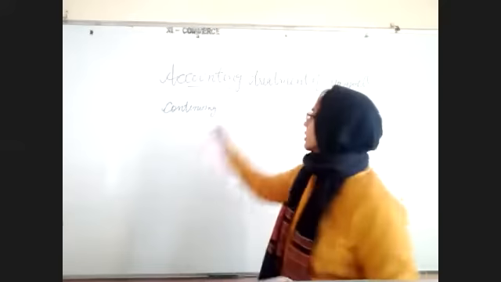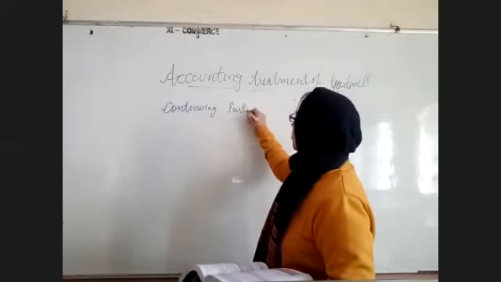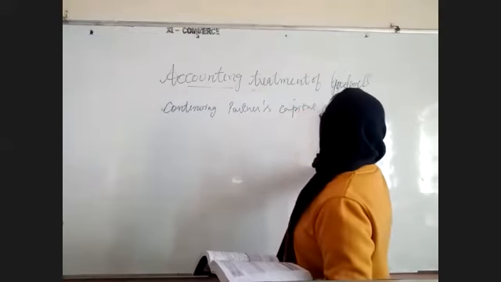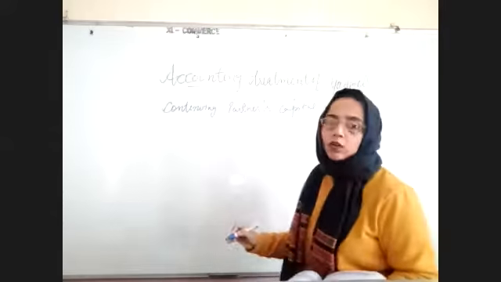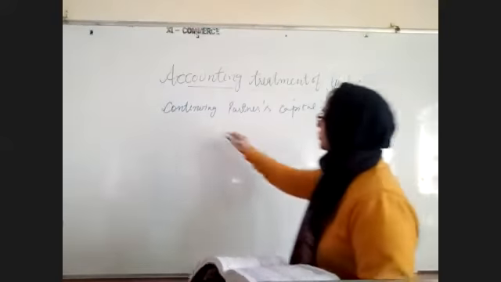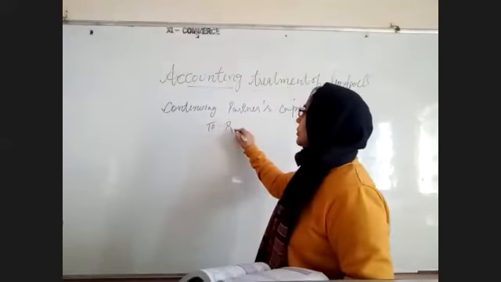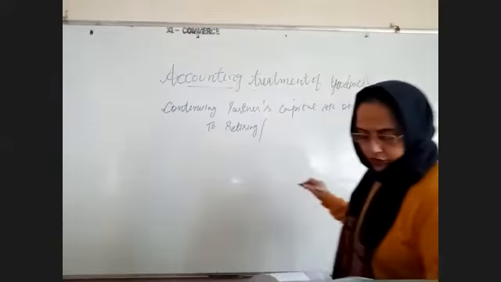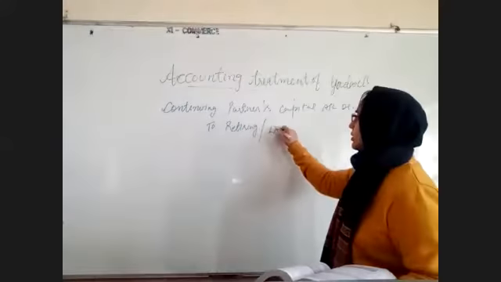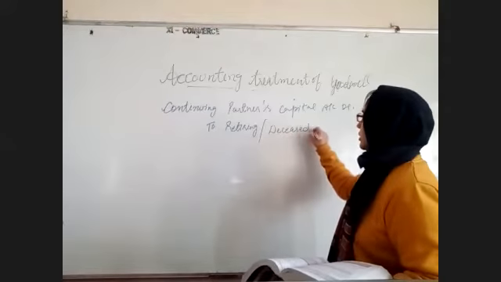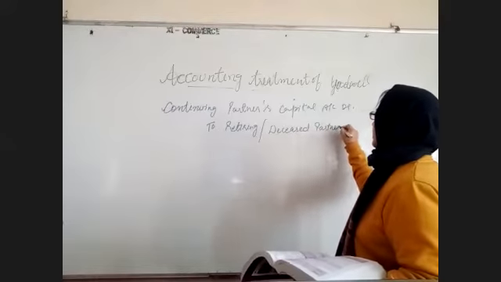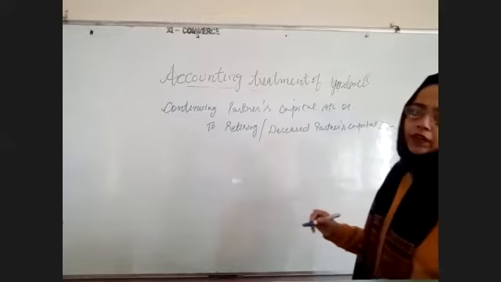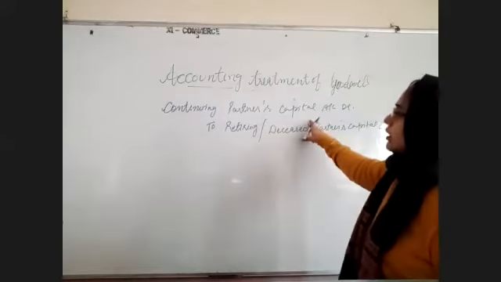Continuing partners capital account debit, okay, to in case of retirement, retiring partner, and in case of death, deceased partner's capital account. Okay, only one journal entry we will pass.